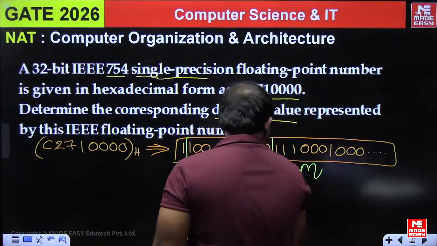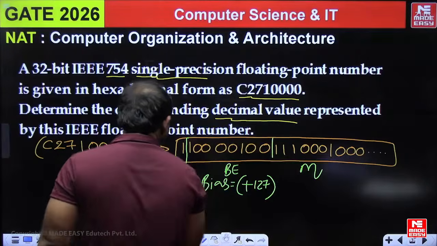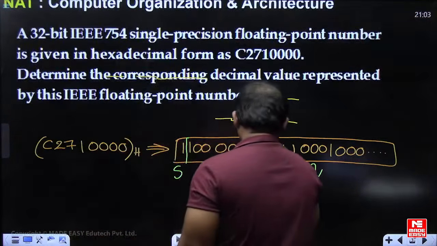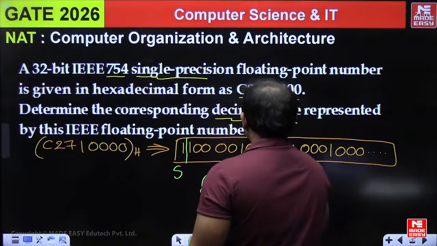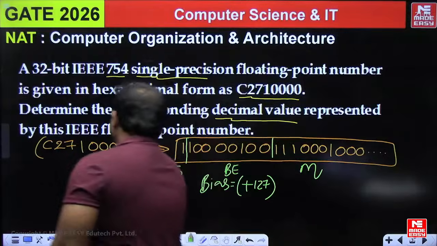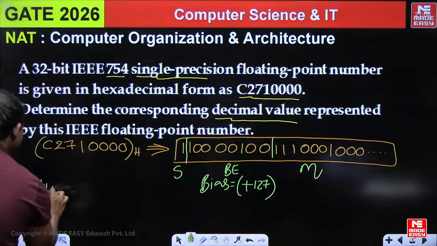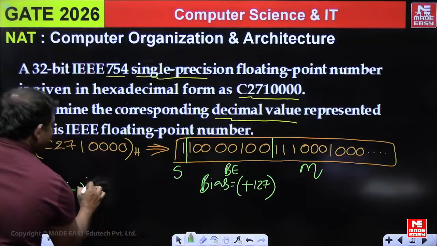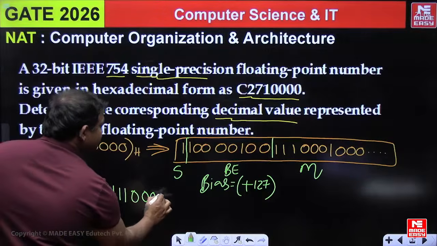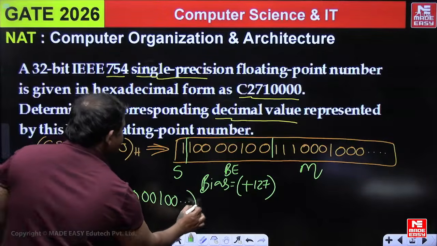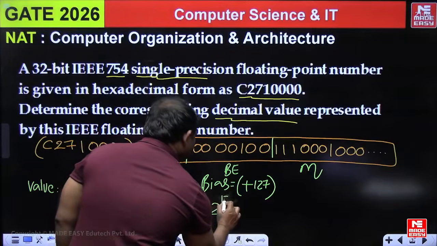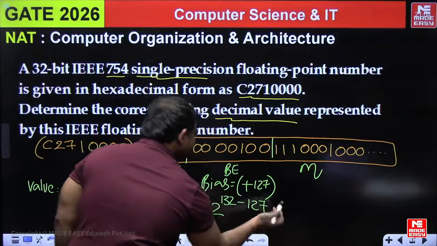Now the value is minus 1 to the power of 1, into 1.111 0001 and so on, into 2 power BE. Here the BE value is 132 minus bias 127.